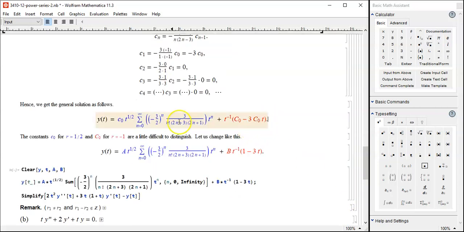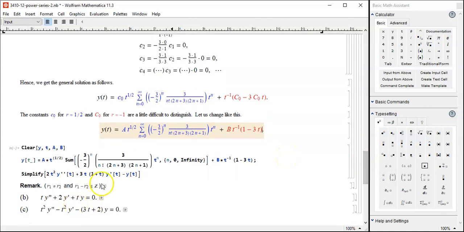So we have the first Frobenius series and the second Frobenius series, like that. Now I'm using the same C0, C1, C2 for both of those series, so they can be a bit confusing. So let me change those into capital A and capital B. And you're going to get it like this. And here goes the general form. But please be warned, this kind of general form here is one of the rare cases.